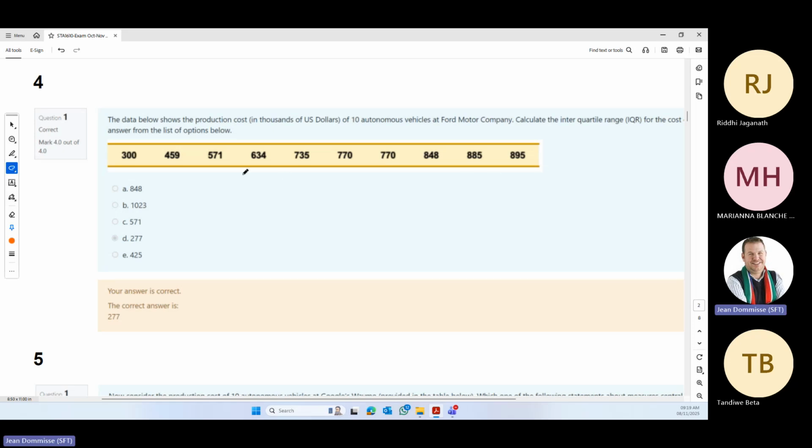It is ranked. So basically, what we need to get for the interquartile range is Q3 minus Q1. Okay, so let's just look at these answers. My range is going to be 895 minus 300, so my range is 595.